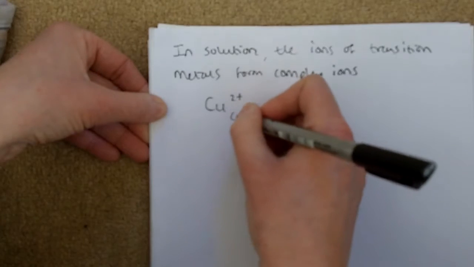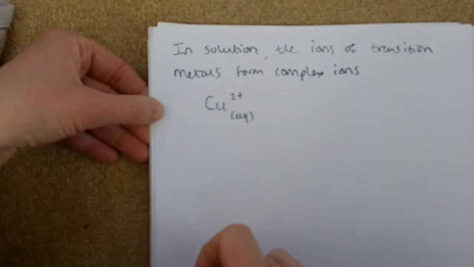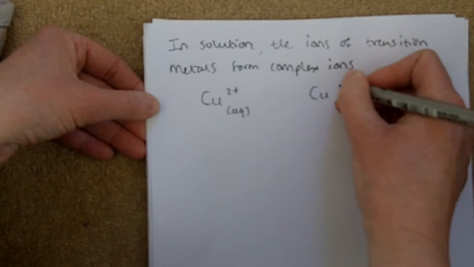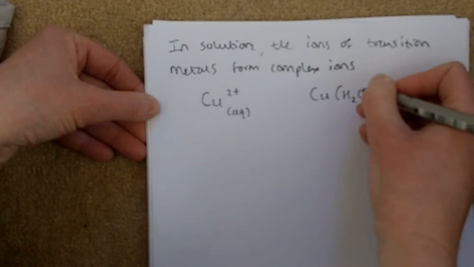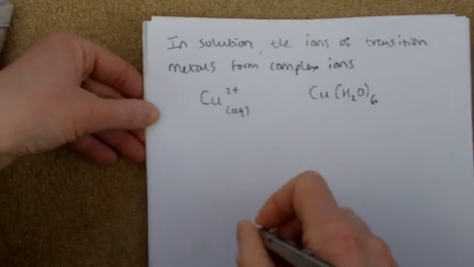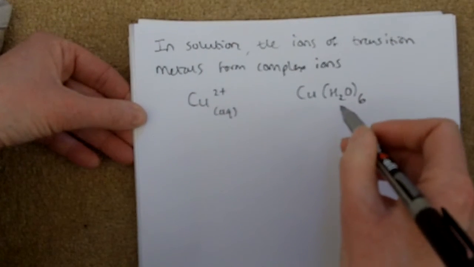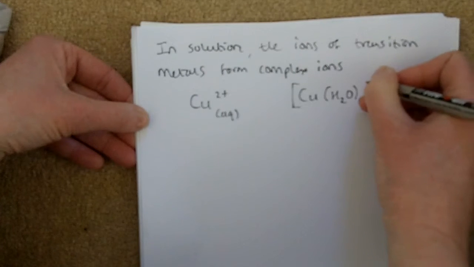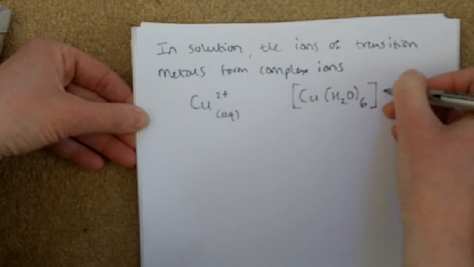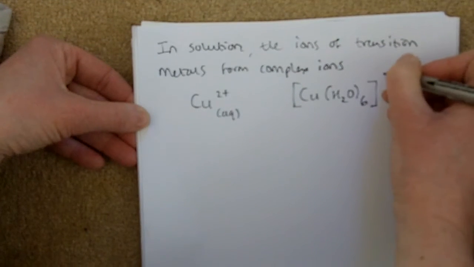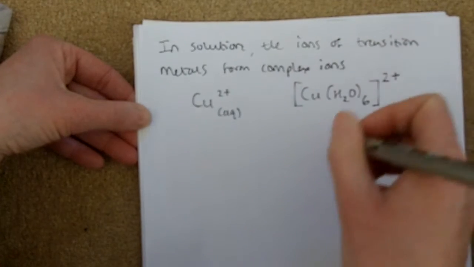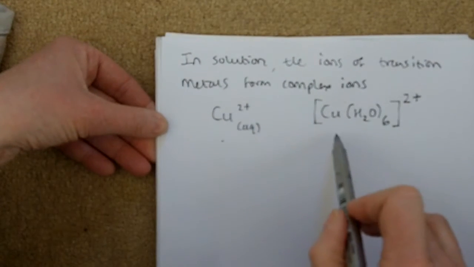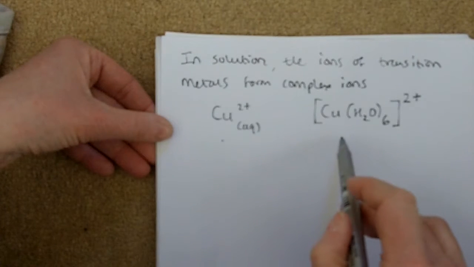Blue solution, we say copper 2+, but that's not actually the case. Copper 2+ is surrounded by 6 water molecules. Now, water molecules are neutral, so it doesn't change the overall charge. You put square brackets, and that is called a complex ion. So that's the short version, and that's the proper full version. It's called a complex ion.